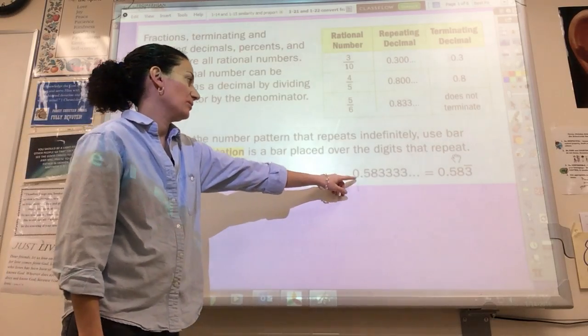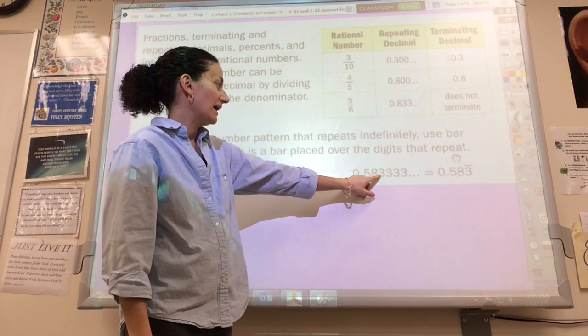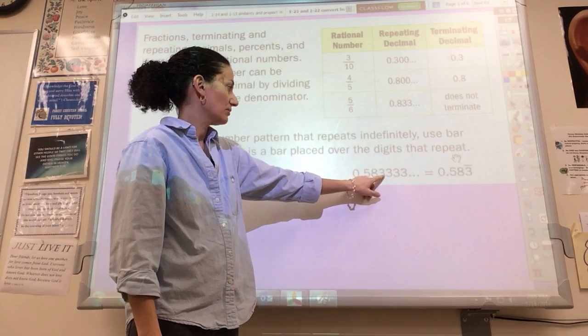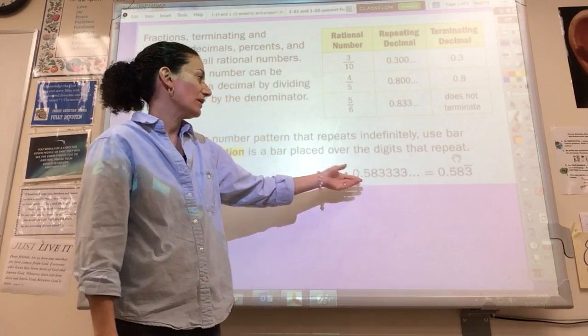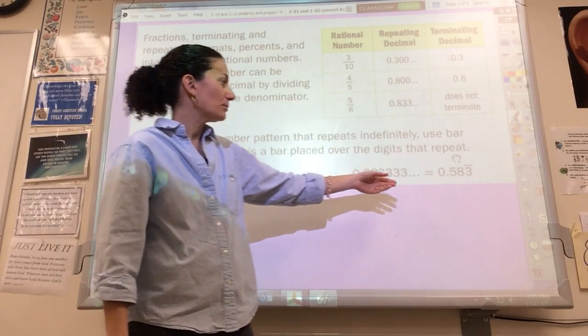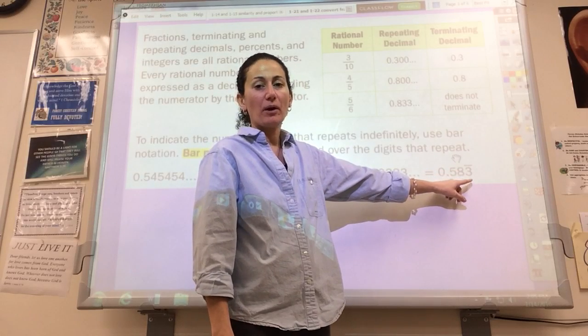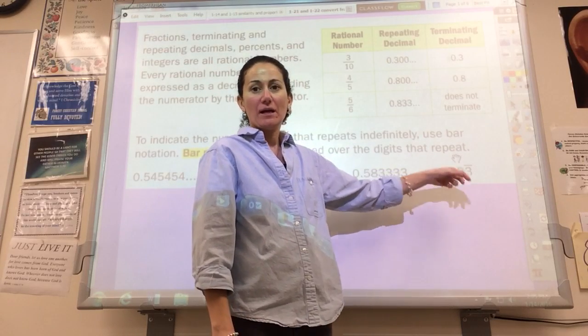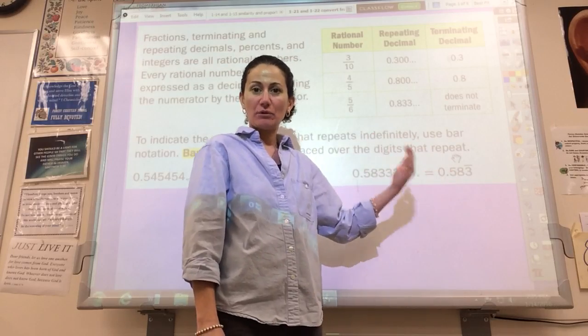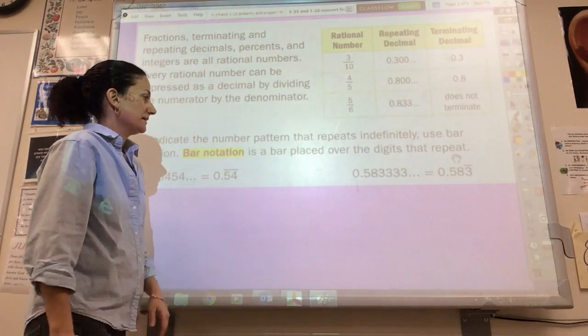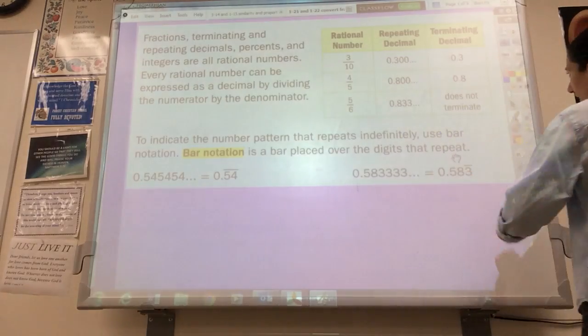Take a look at this example, 0.58 and the 3 repeats, 3, 3, 3, 3, 3. So instead of writing all those 3's, you can use bar notation, 0.58. In this example though, you see the bar is only over the 3 because only the 3 is repeating. The bar is not over the 5 and the 8.